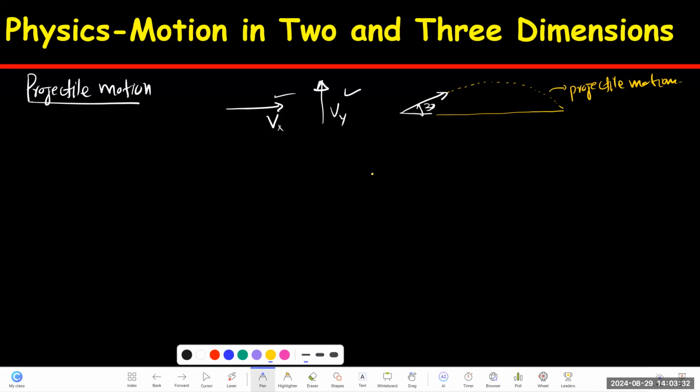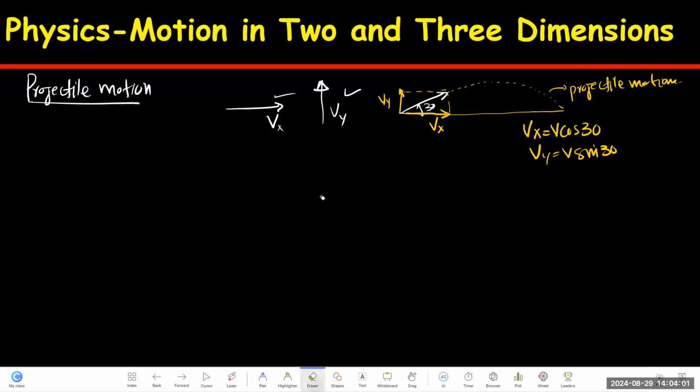In order to start, let's simplify. If you're throwing an object with an angle, basically it has a velocity component vx and also a vy component. You can calculate vx equals v cos 30, or theta, whatever theta is, and vy equals v sin 30. These are the two.